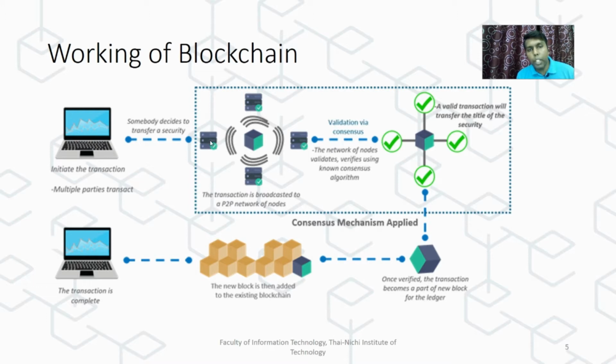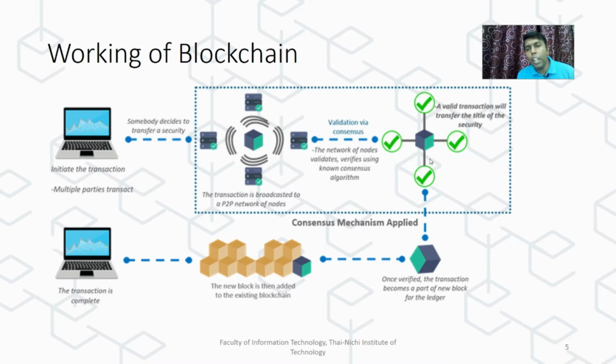The copy of that particular transaction is sent to all the nodes, that is all the computers connected to that particular network. So this network will perform a consensus algorithm. A consensus algorithm will verify whether the transaction is valid or not. So once the transaction is valid, the transaction will be accepted in the database.